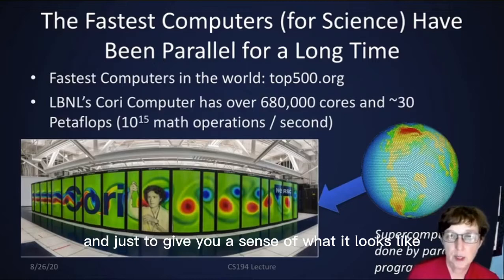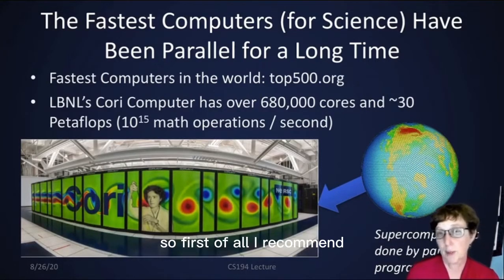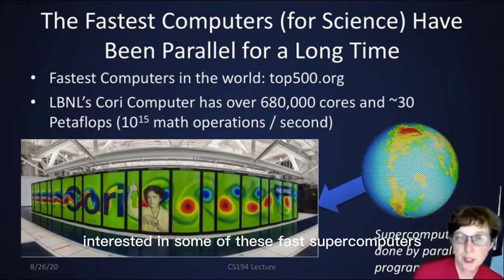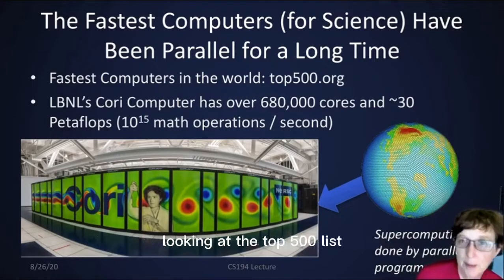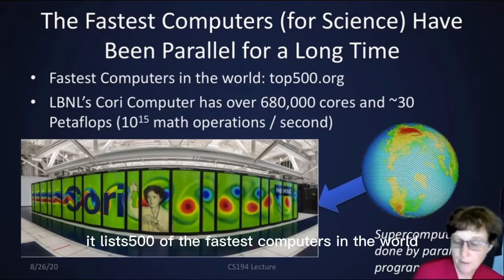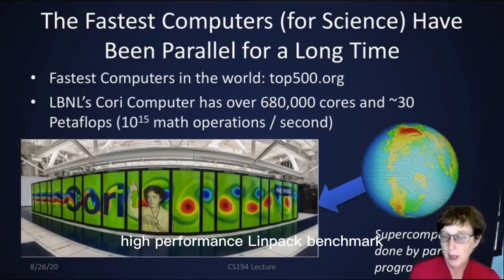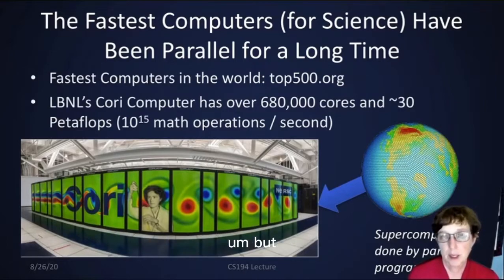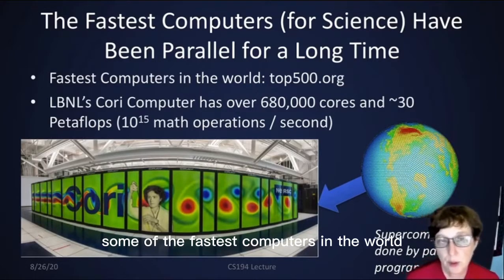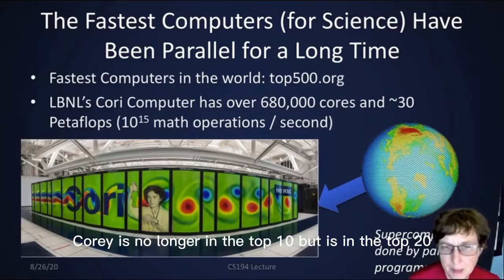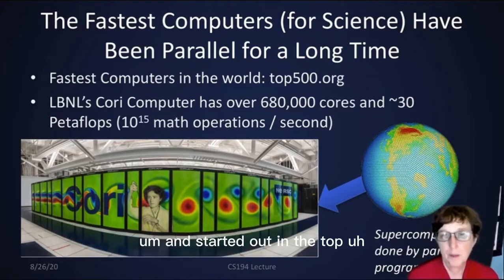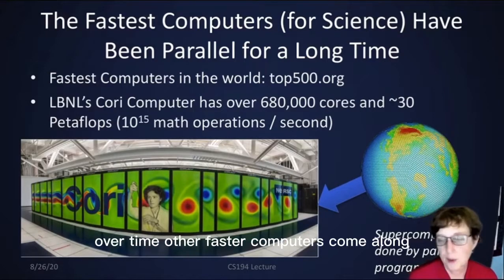And just to give you a sense of what it looks like, first of all, I recommend if you are interested in some of these fast supercomputers, looking at the Top 500 list. It lists 500 of the fastest computers in the world, at least people that are willing to run the High Performance LINPACK benchmark and put their machine on the list. Cori is no longer in the top 10, but is in the top 20 and started out in the top 10, and over time other faster computers come along.